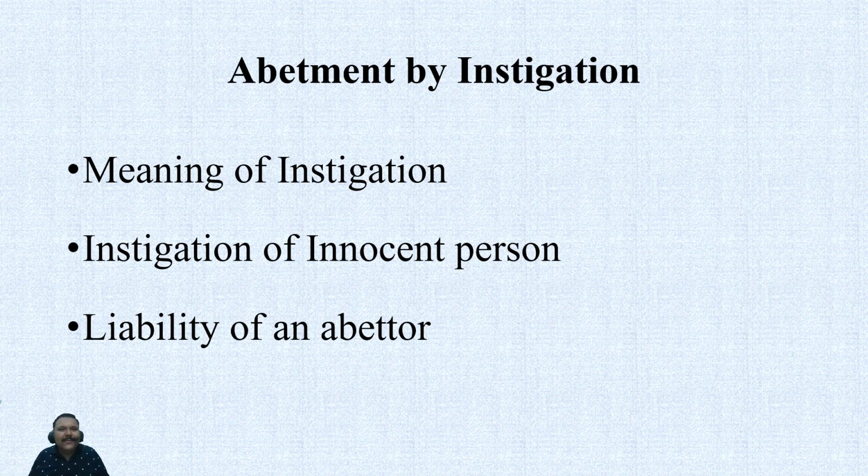Now the question is whether my friend who actually fired the bullet will be liable. Answer is no, because my friend thought it to be an animal. But whether I will be held liable, answer is yes. So if I have abetted an innocent person, in that case, I will be held liable. That is what we call abetment by instigation of an innocent person.